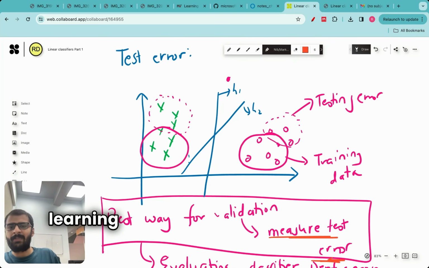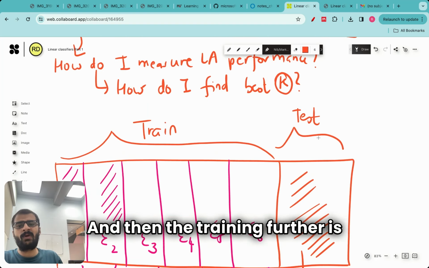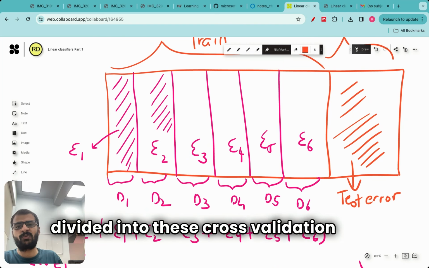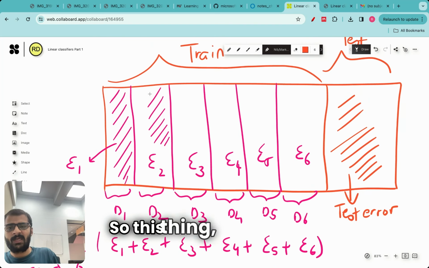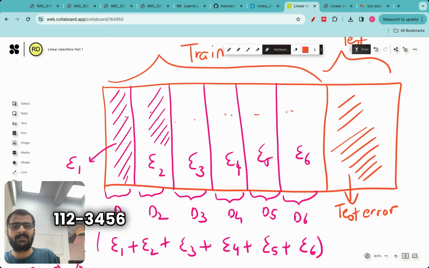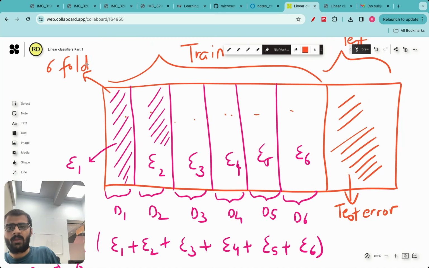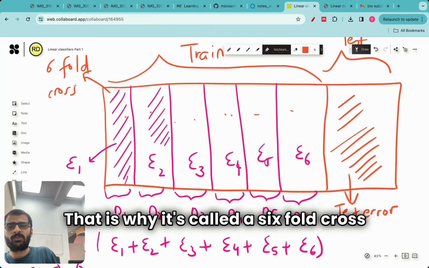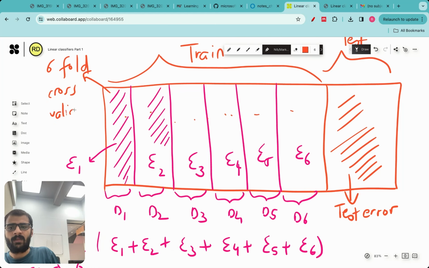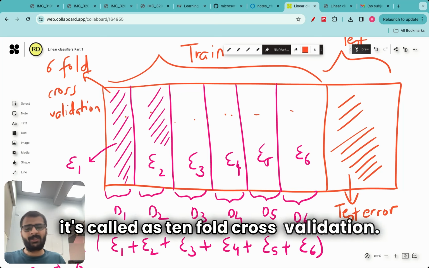That's why machine learning practitioners divide the data into training and testing, and then the training is further divided into these cross validation sets. So what we did has six different sets: one, two, three, four, five, six. That is why it's called six-fold cross validation. If you divide it into 10 sets, it's called ten-fold cross validation.